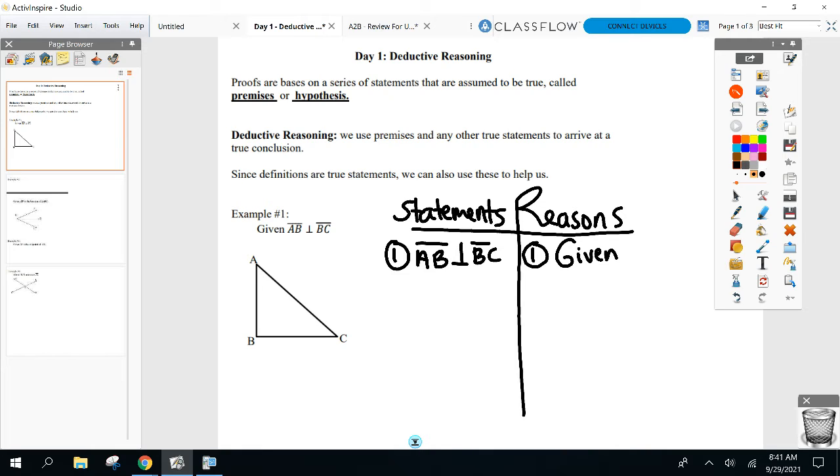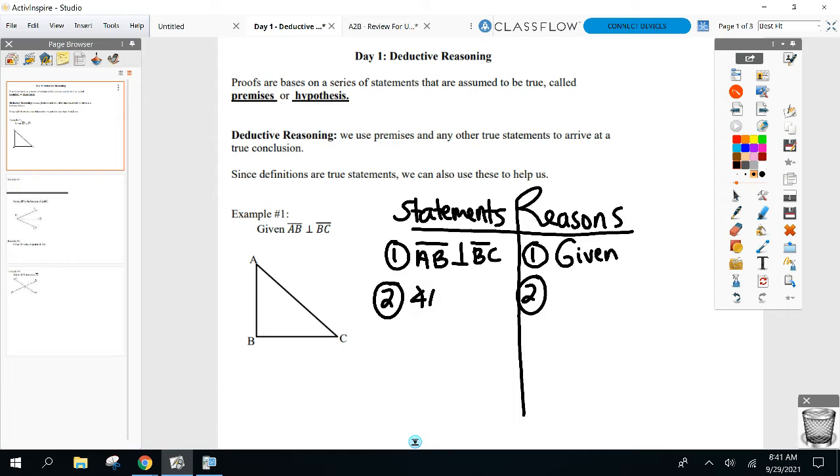All right, now I turn it over to you guys. What can you tell me is also true now that those two are perpendicular? Kevin, let's go. Angle ABC is a right angle. There you go. Everyone agree?